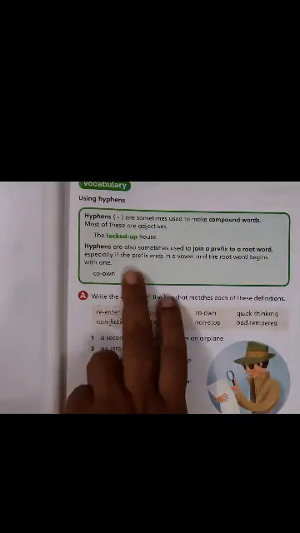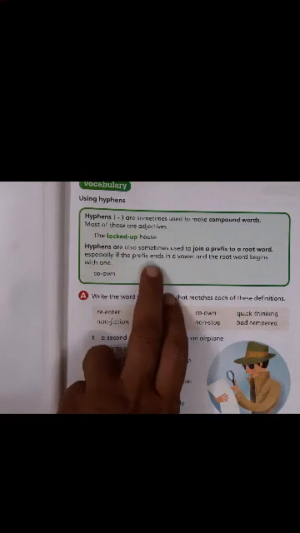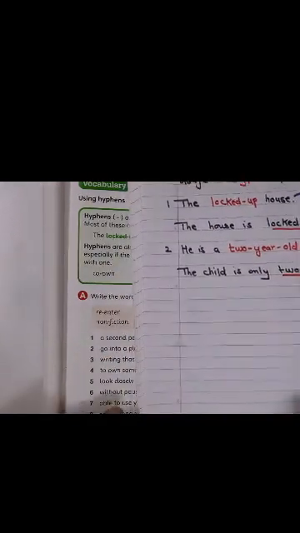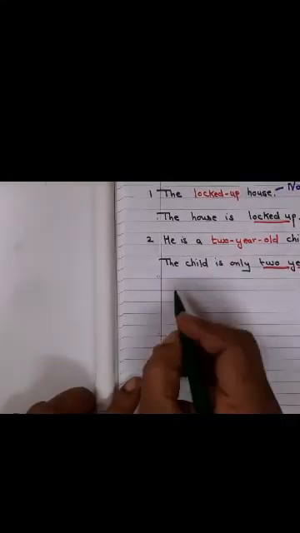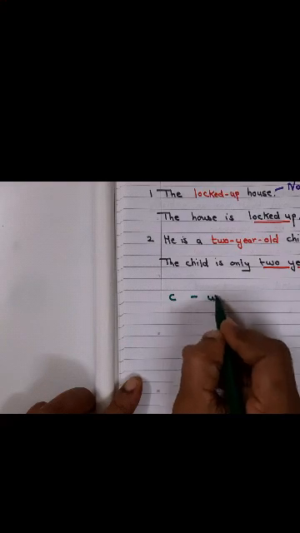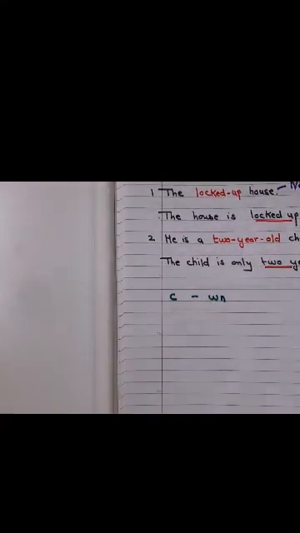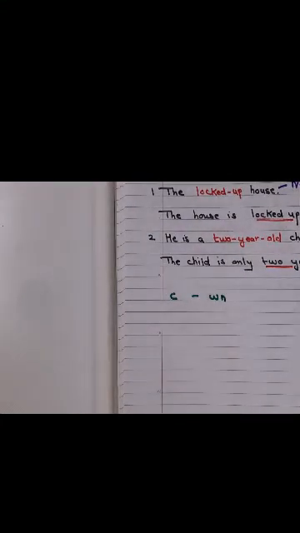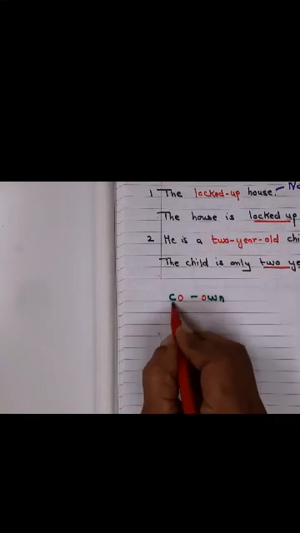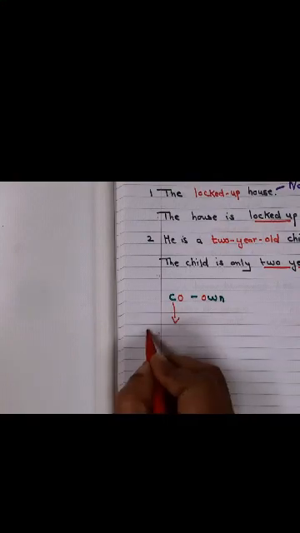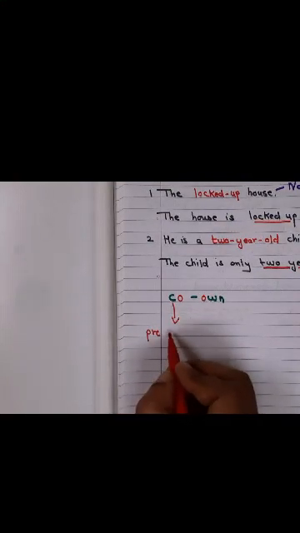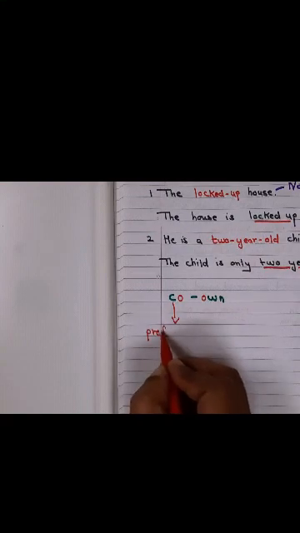Now children, even here they have told us the prefix ends in a vowel and the root word begins with one. Let's take their example. I am using different pens so that it is easy for you to identify. Which is your prefix over here, children?